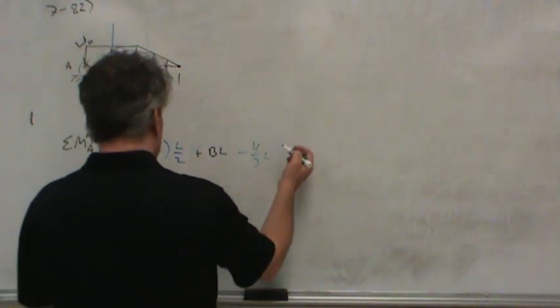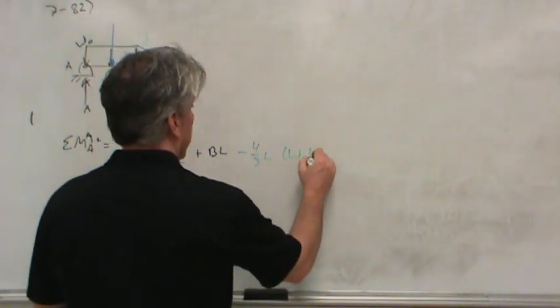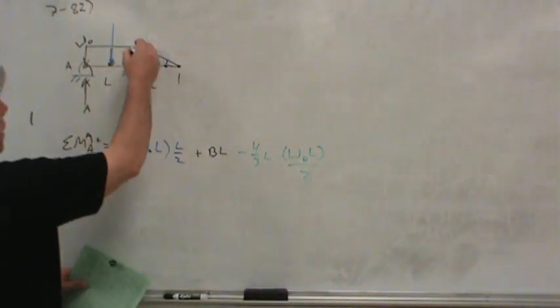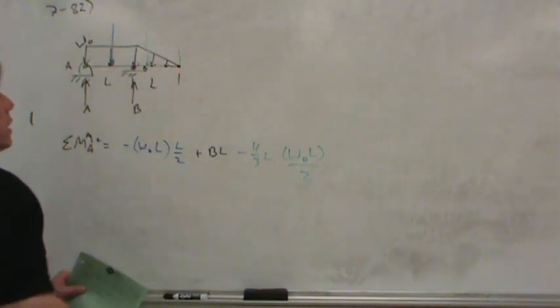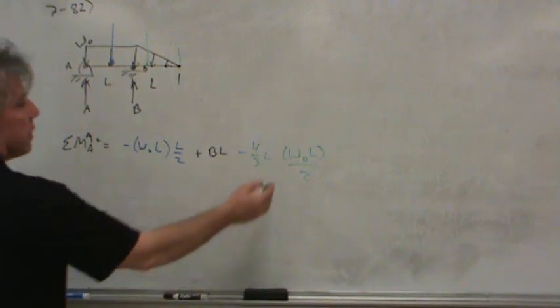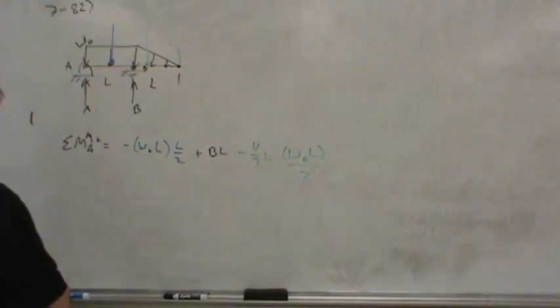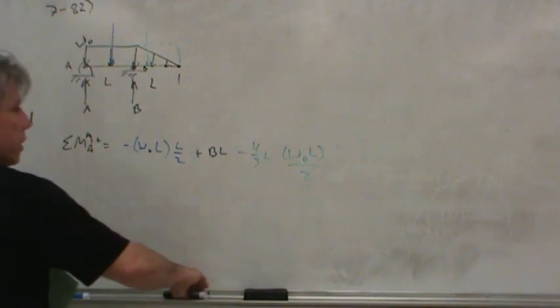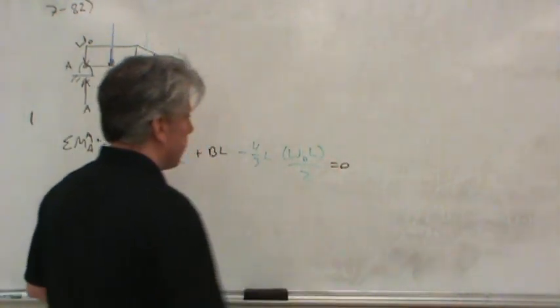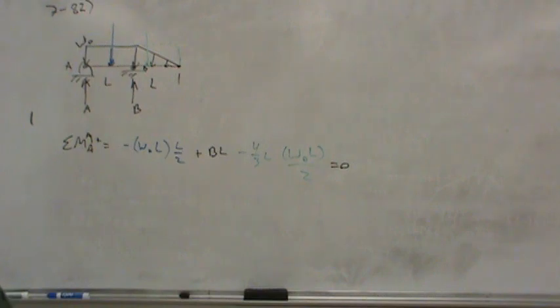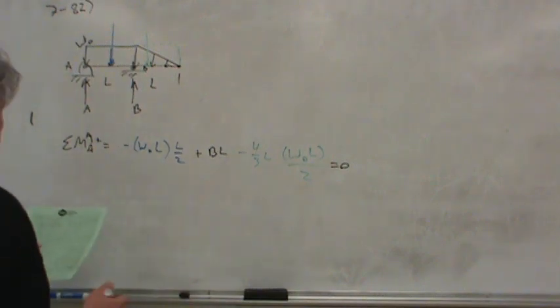Well, the magnitude would be W naught L divided by 2. Because understand, we can think of this as a rectangle, calculate its area, W naught L, and this sits as a triangle, just divided by 2. So there's the magnitude of the resultant. So this sum should come out to 0 if we observe that this beam is in static equilibrium.